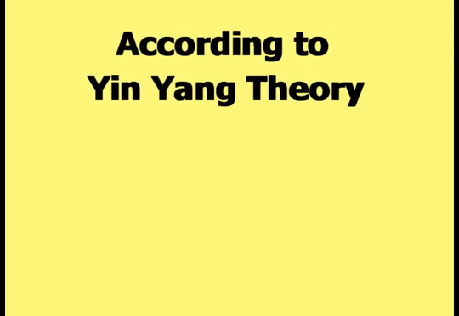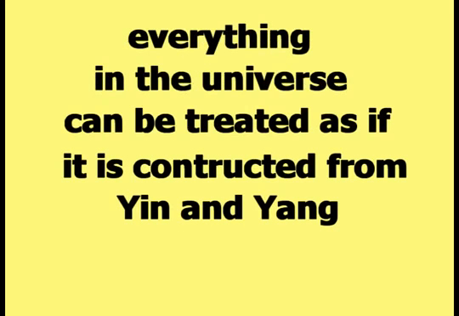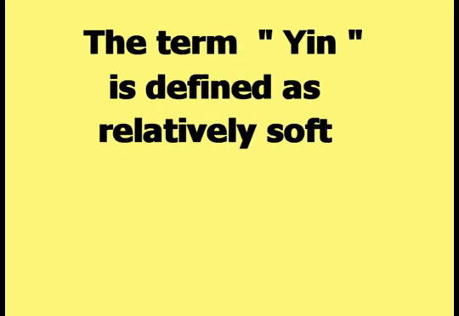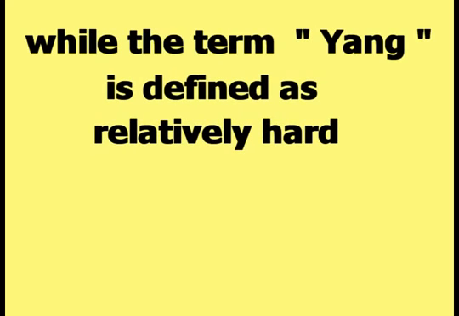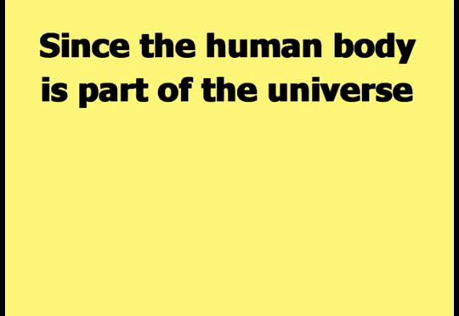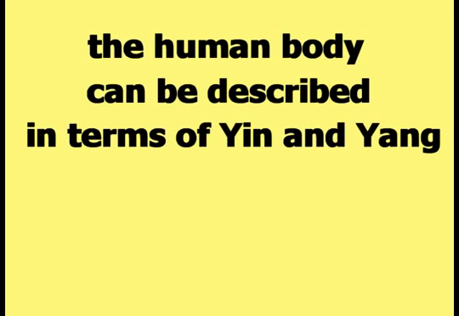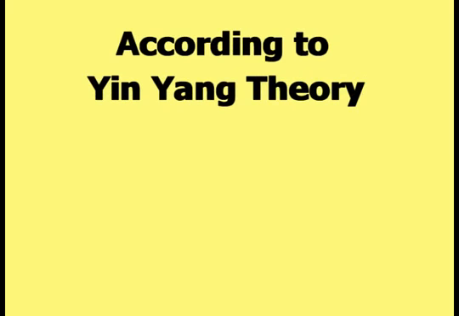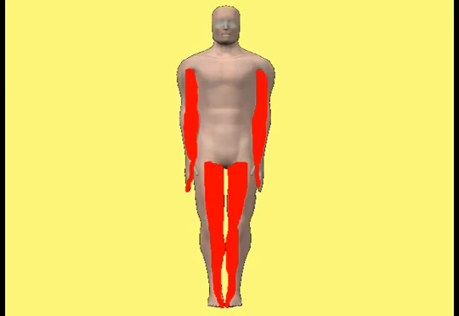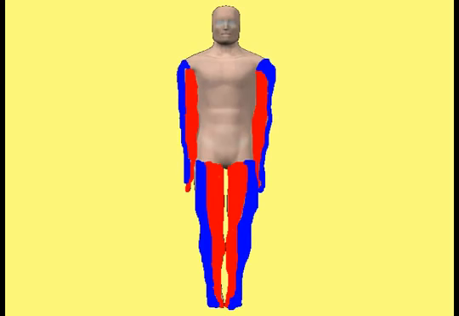According to yin-yang theory, everything in the universe can be treated as if it is constructed from yin and yang. The term yin is defined as relatively soft, while the term yang is defined as relatively hard. Since the human body is part of the universe, the human body can be described in terms of yin and yang. According to yin-yang theory, the inside of the arms and legs are yin, while the outside of the arms and legs are yang.